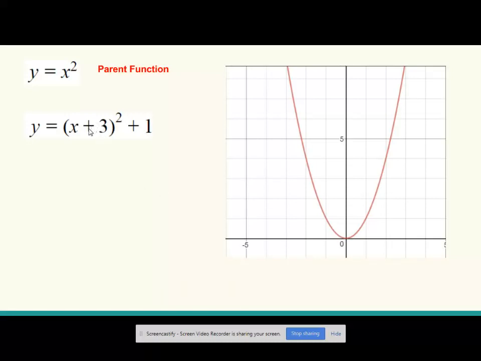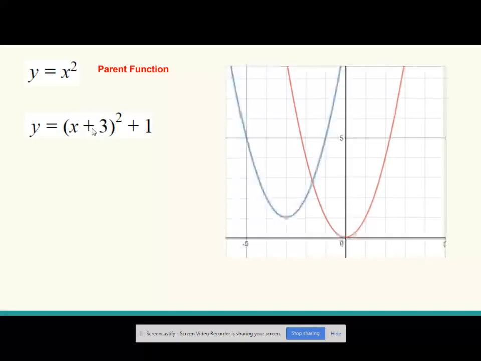So instead of being at positive 3, it's going to be at negative 3. So what this tells us is that we're going to shift our parabola to negative 3, positive 1. And this is going to be our parabola.